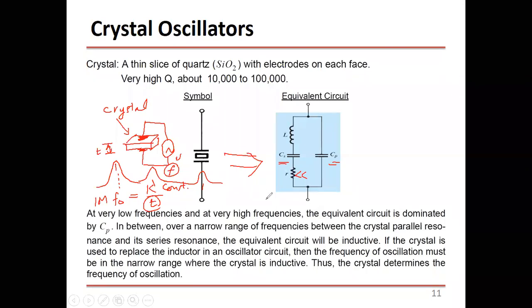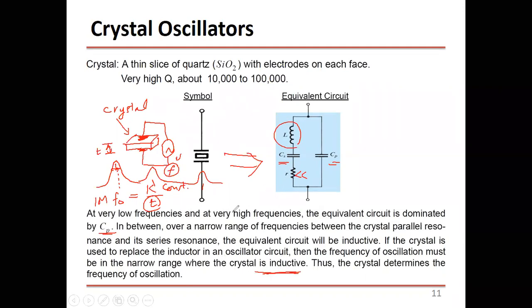So above the resonance frequency and below the resonance frequency, the dominant component is CP. But within the resonance frequency range, the dominant component is the inductance L. So this crystal around the resonance frequency is inductive.